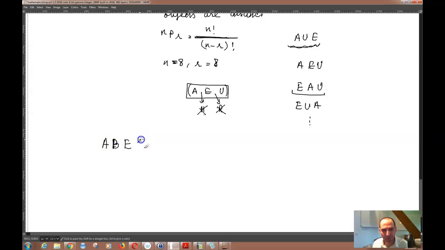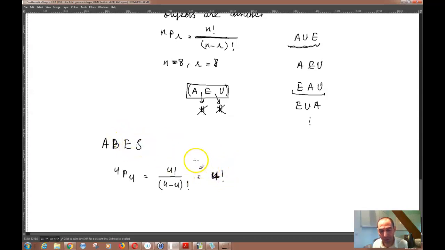Suppose that this word is just some word in the English language. Now, when I want to calculate all the different arrangements of these letters, that would be basically 4 permutation 4, which is equal to 4 factorial over 4 minus 4 factorial, which is equal to 4 factorial, right?